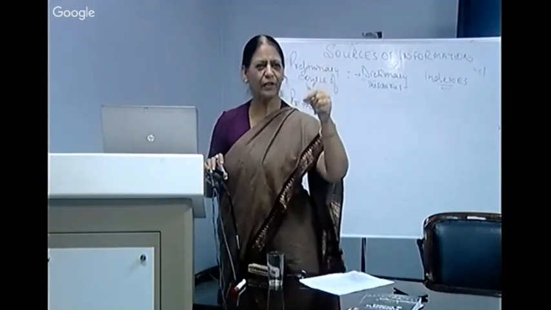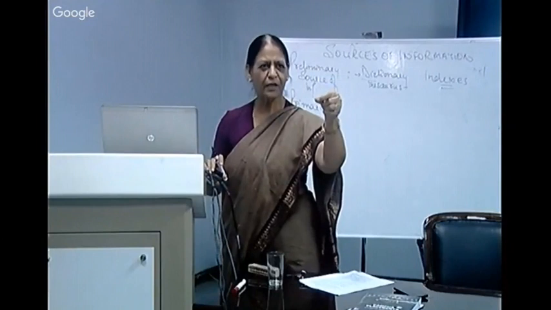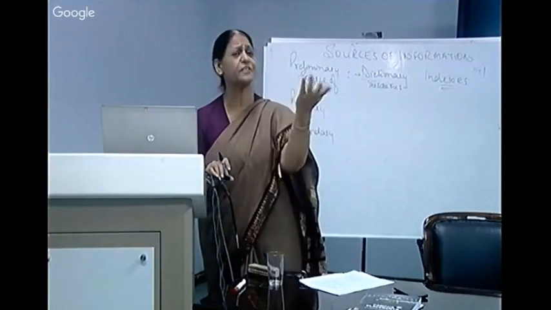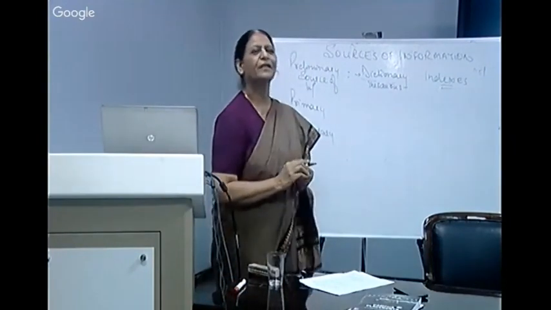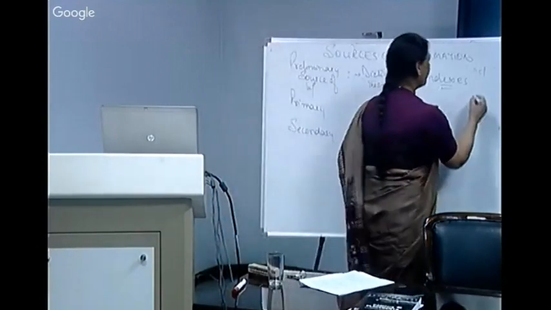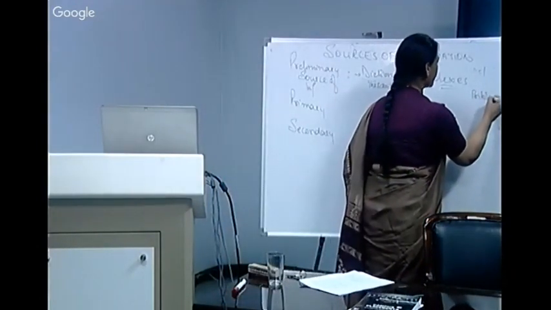So when you go to the index, you are able to locate a source which needs to be tapped for the article which has been published in a journal, maybe in 2015, 16 or 17. So that becomes a preliminary source of information. That means, ma'am, bibliography is also. Yeah, so when you search the bibliography, it's a preliminary source.